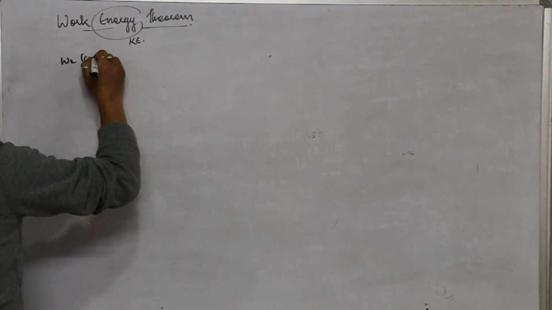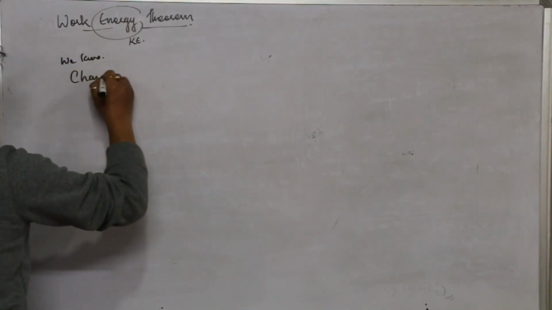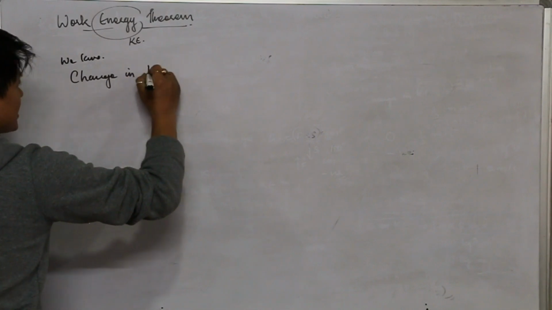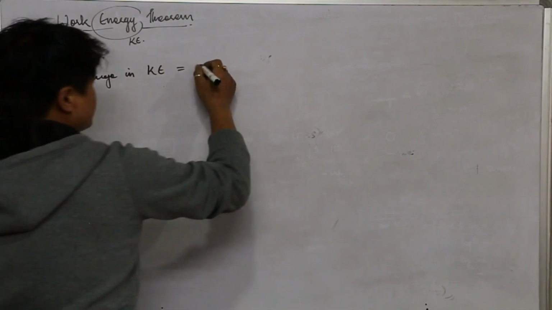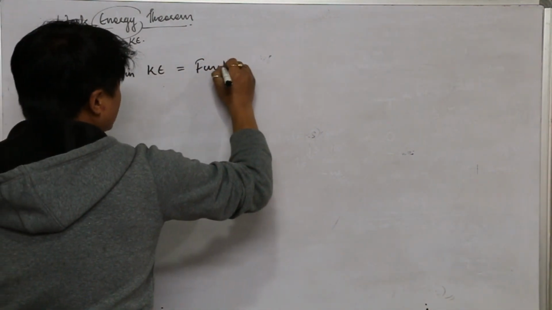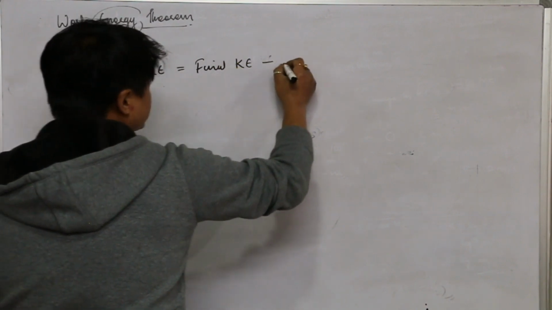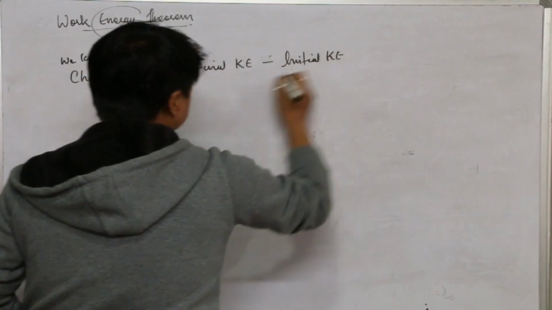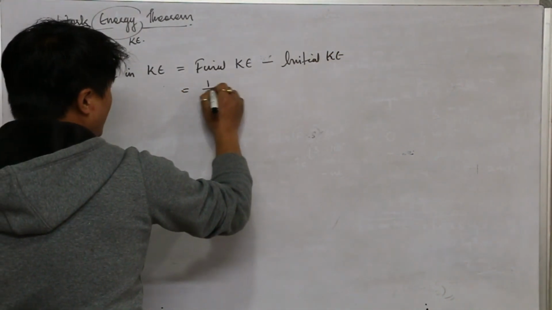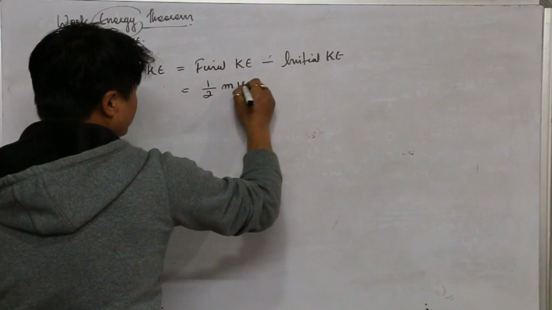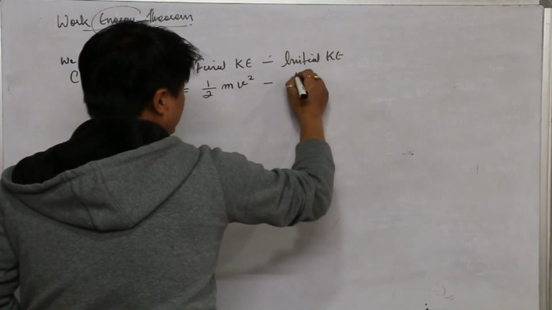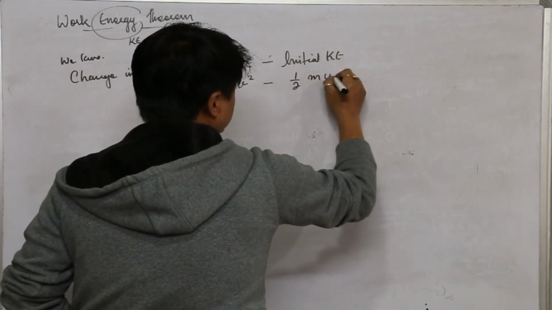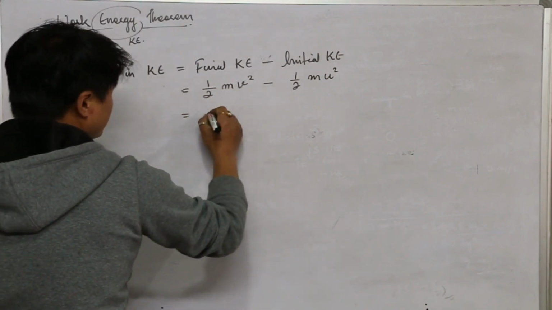We know change in kinetic energy is equal to final kinetic energy minus initial kinetic energy. Final kinetic energy is half m v square and initial is half m u square. So let's take only m common.